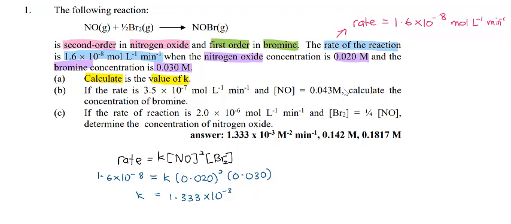Since we have second order in NO plus first order in bromine, the total order of reaction is third order. So let's say we change the concentration for both reactants as A. Then rate is equal to K concentration of A to the power of 3 for the third order reaction. So substitute the units.